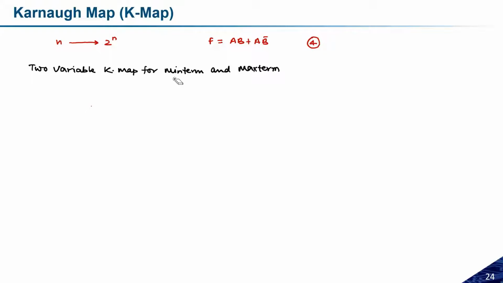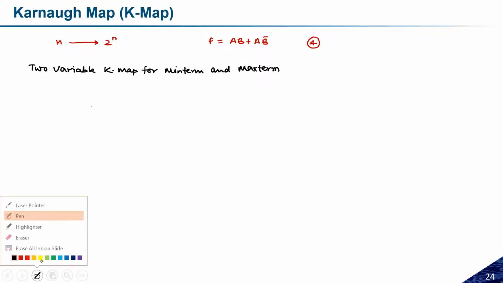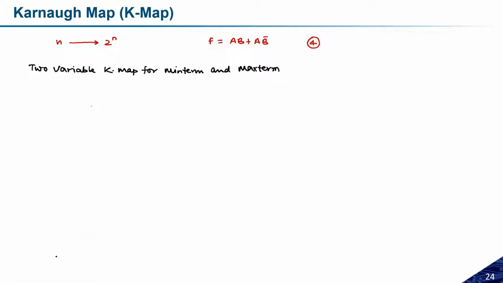Now let us consider a few things which are really very important. Let me write the SOP term here and the POS term here, so that it will be easier. In parallel we will do for both.